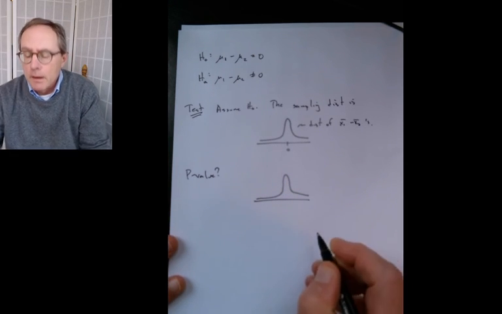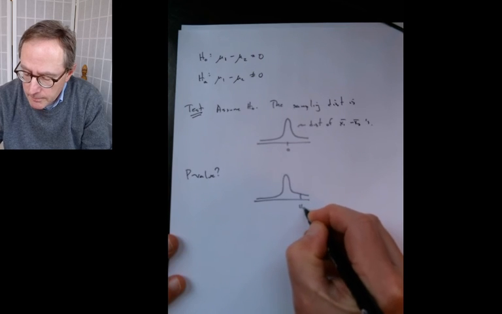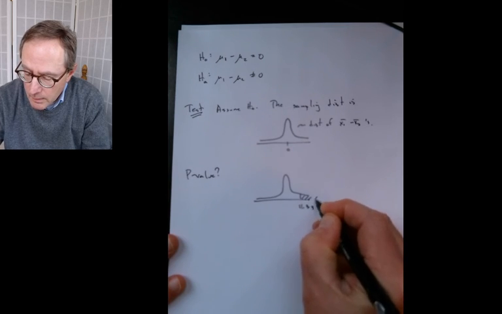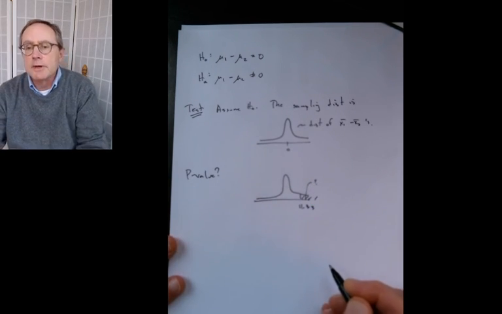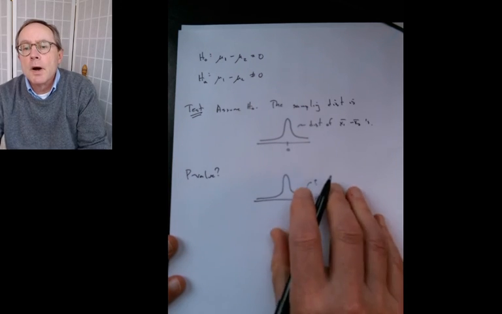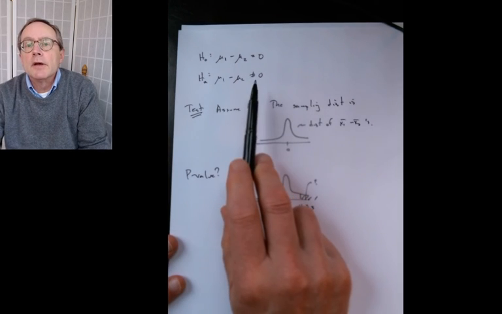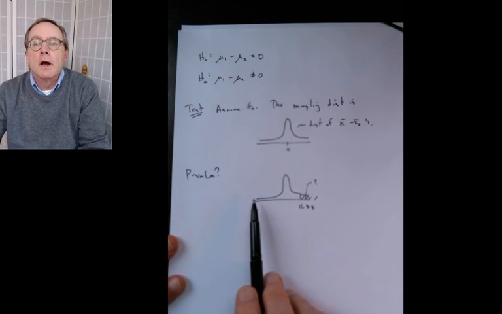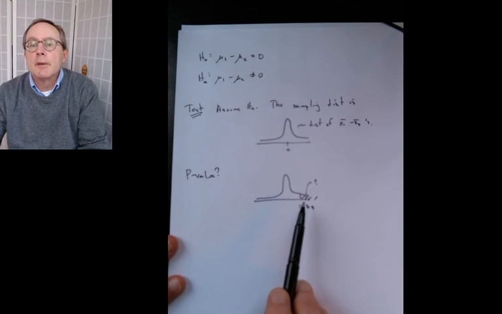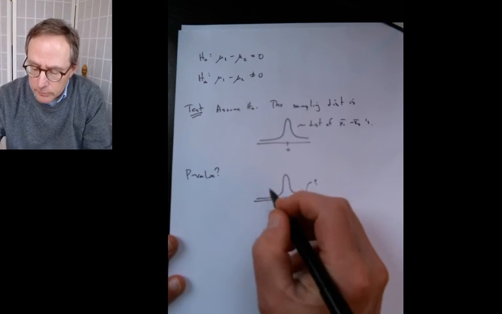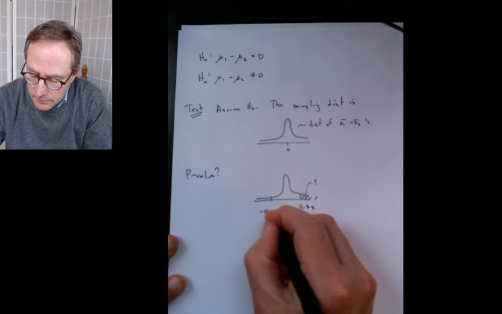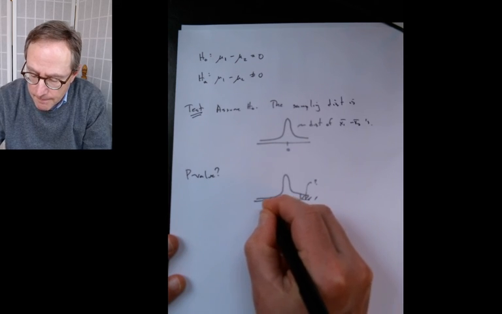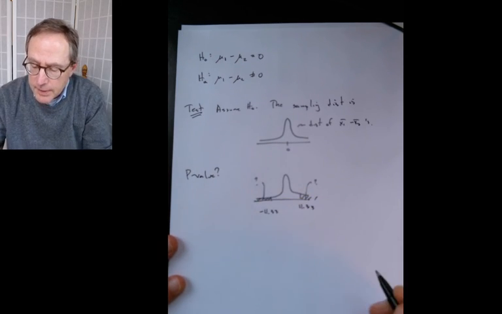Okay, I did get 11.33. So I am asking about that region. But I asked up here for unequal. So I'm just as concerned about being down 11.33 as I am about being up 11.33. So I'm also going to write negative 11.33 and find that region.